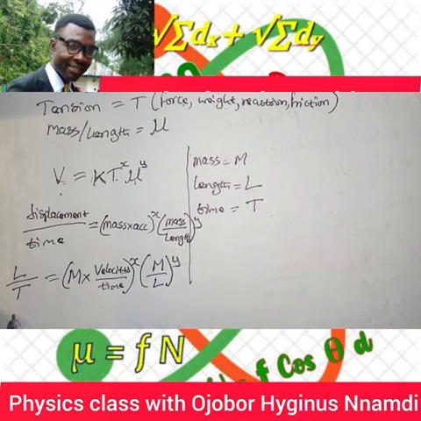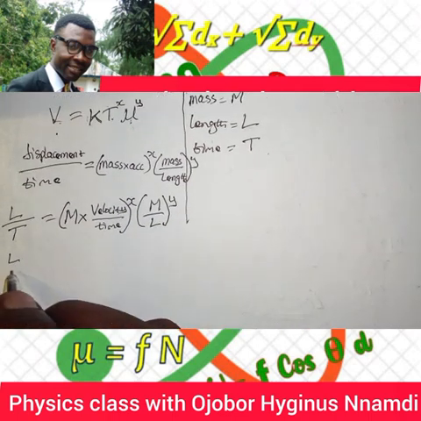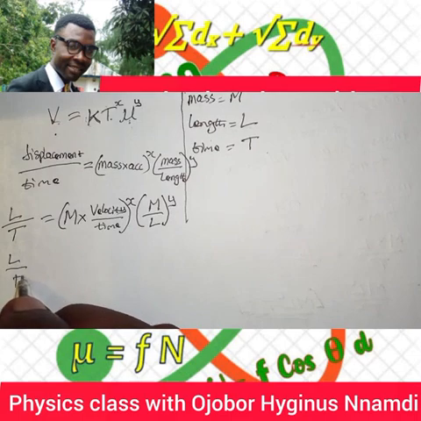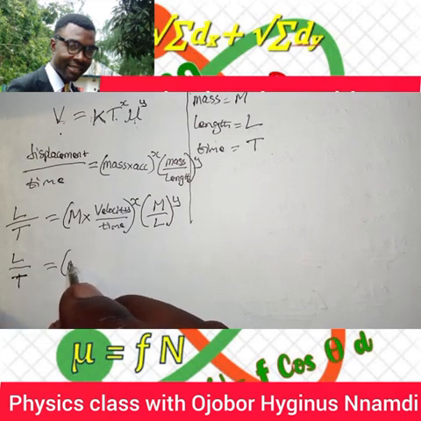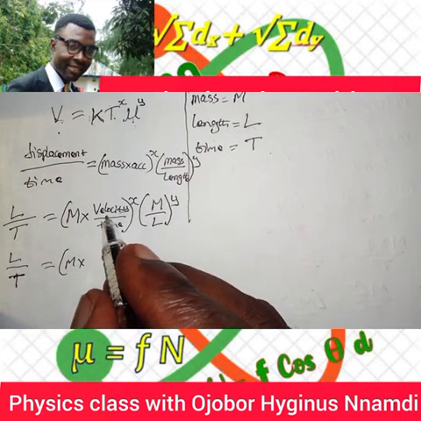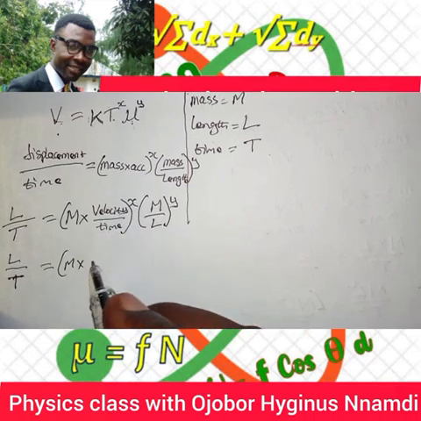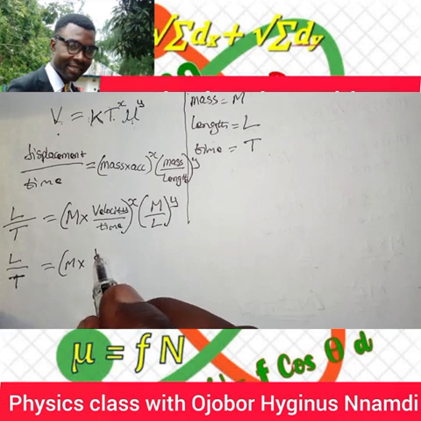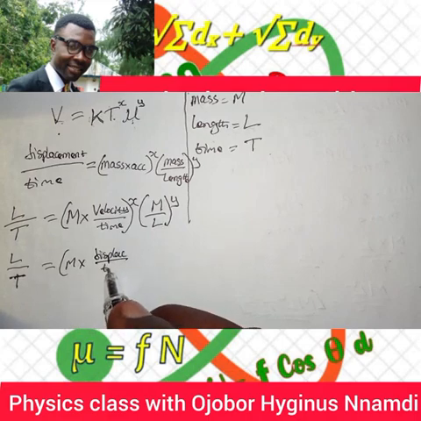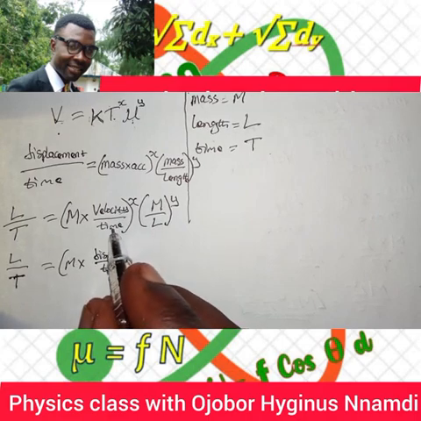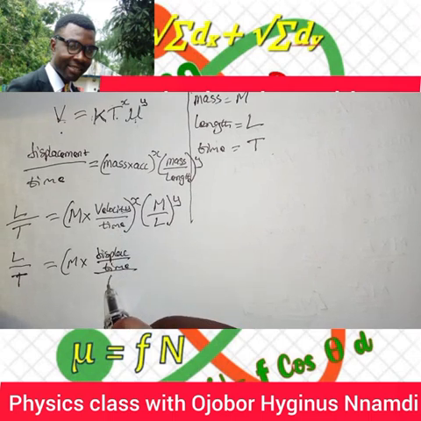We continue again. L over T is equal to, open bracket, M times velocity. Dimension of velocity is not known, so we can break down velocity again, which we know is displacement. Velocity is displacement all over time. Remember, velocity is displacement over time, and that velocity is over time again.